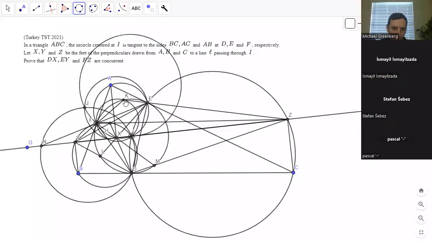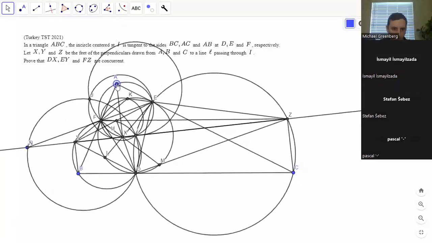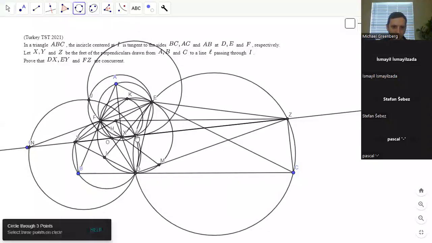Yeah. And then Y would go to this point. So yeah, it looks like this is cyclic. So yeah, we have a lot of different circles here.